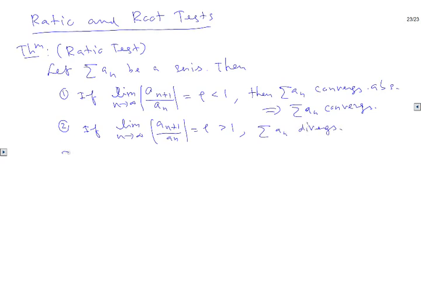The third one: sometimes the limit can be exactly 1. This is rho, the Greek letter rho. If it's exactly 1, what will happen? The test fails, or you can say inconclusive.